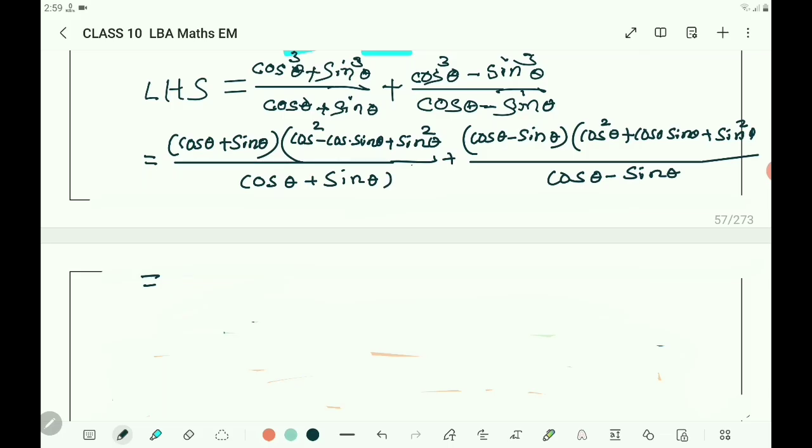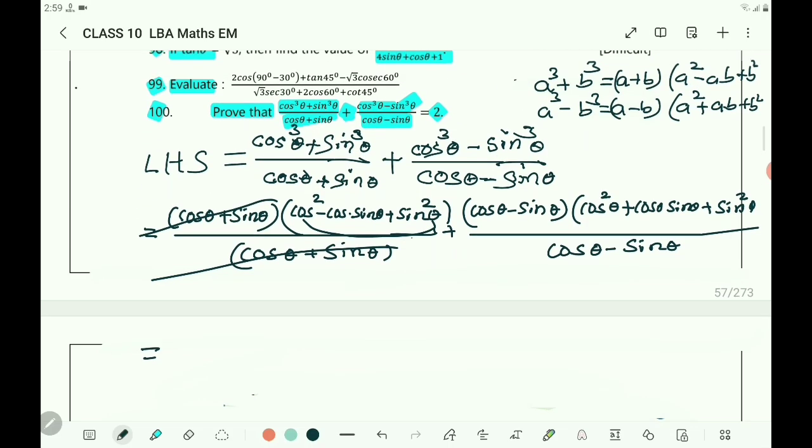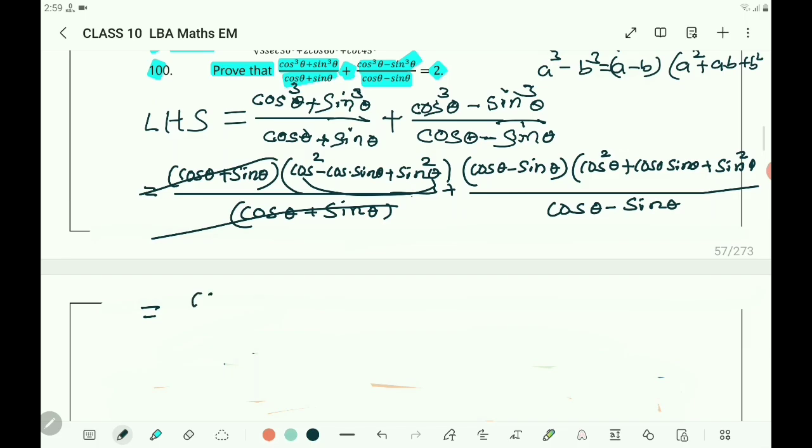here you can cancel cos theta plus sin theta, cos theta plus sin theta, and bring cos square theta plus sin square theta together. Cos square theta plus sin square theta minus cos theta into sin theta.